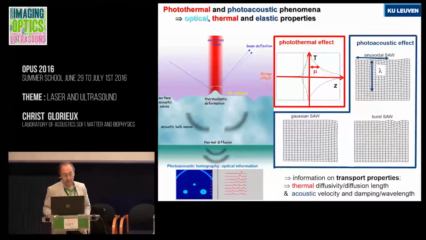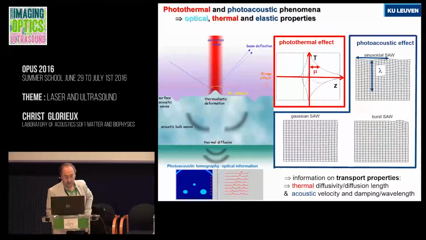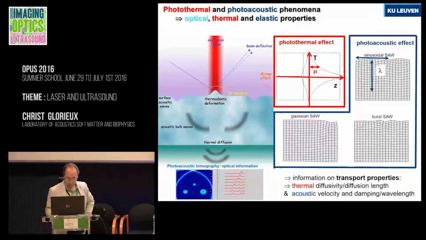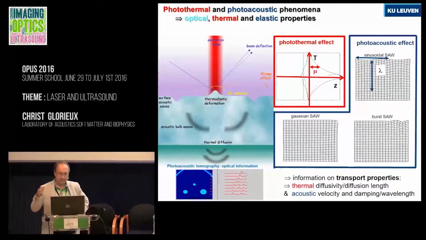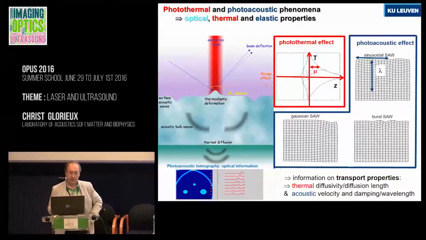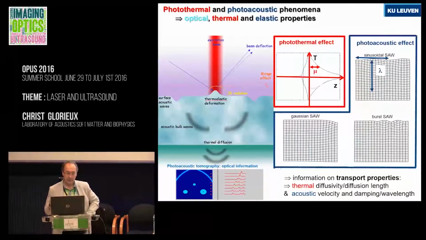For example, one advantage is that, as you see in the animation here, you can make oscillating heating, and so the heat will stay close to the source, and depending on the time scale or the frequency, you can manipulate how deep the heat is going.